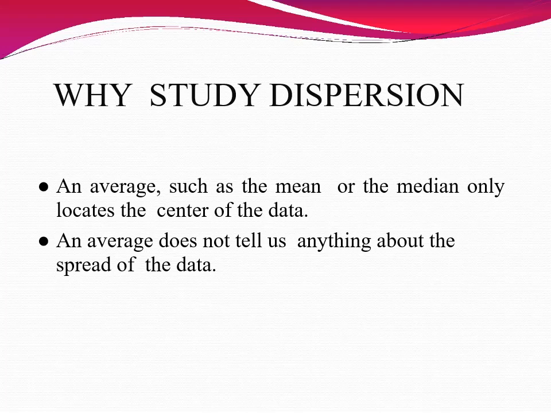Why study dispersion? In a frequency distribution, though the values cluster around an average, most of them differ from it. As I have even mentioned in the PPT, an average such as the mean or the median only locates the center of the data, but it does not tell us anything about the spread of the data.